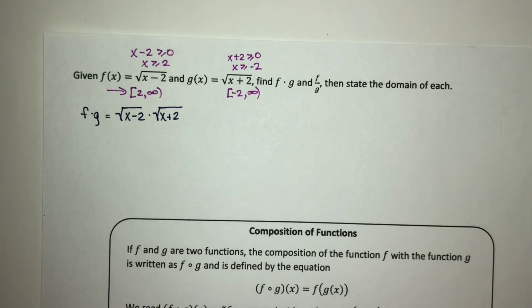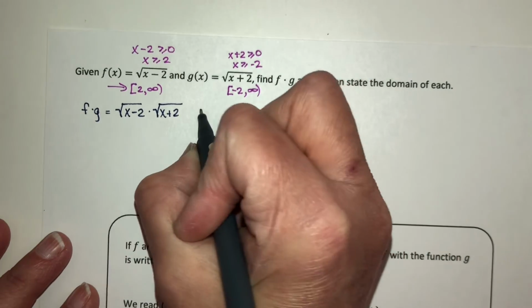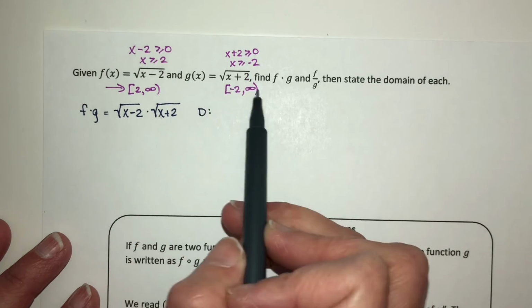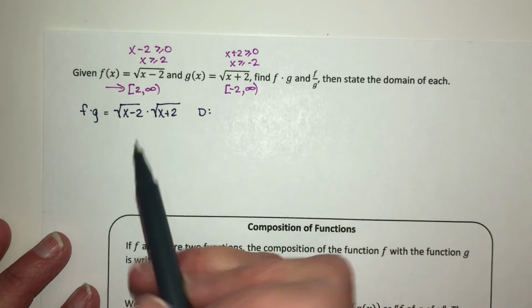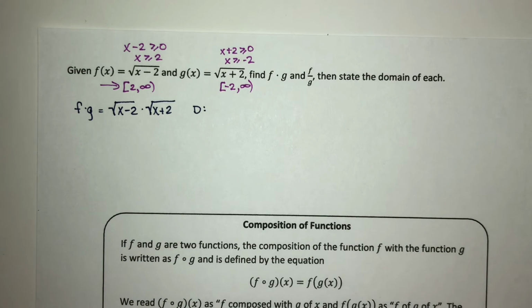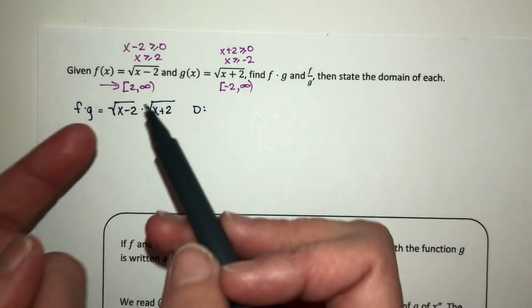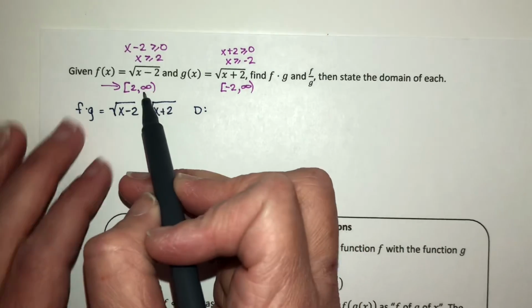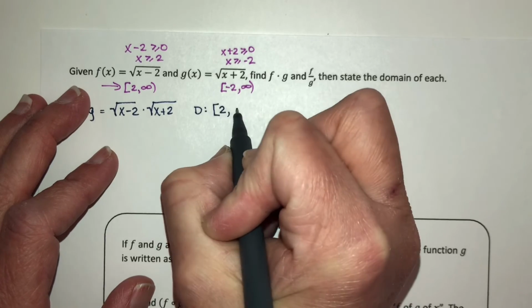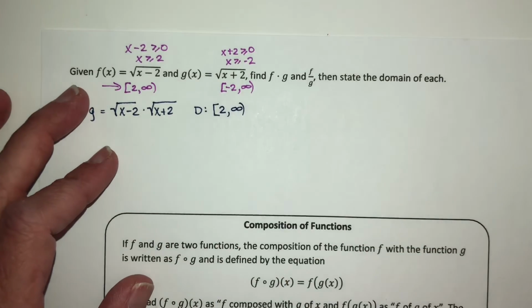So there's no real reason to do that. Now, as far as the domain goes, we have the same two parts, and so they have the same two issues. Nothing has gone away, nothing has disappeared, and nothing new has been created. So my domain is still going to be this most restrictive one. So from 2 up to infinity.